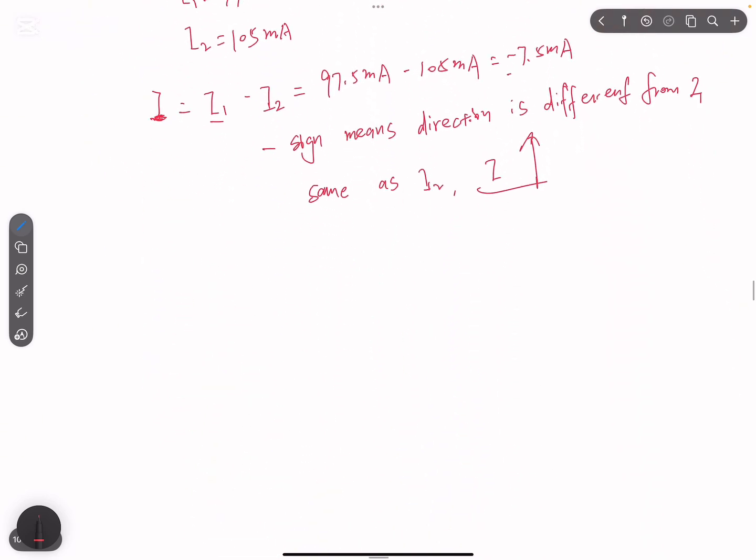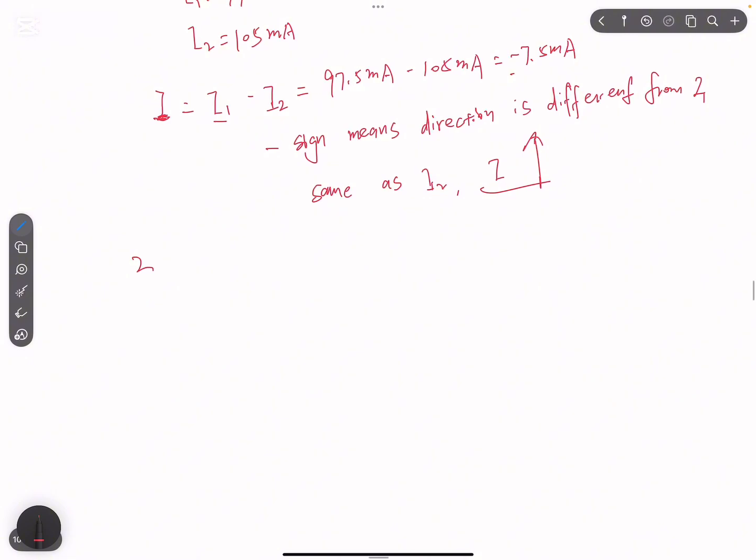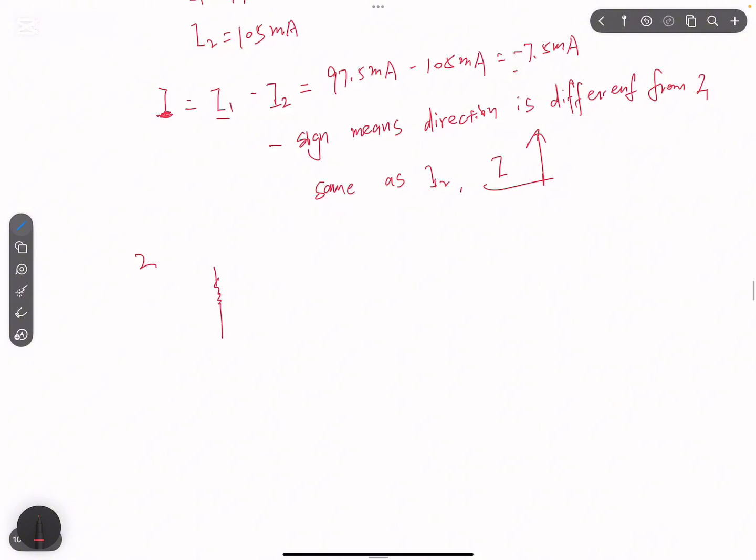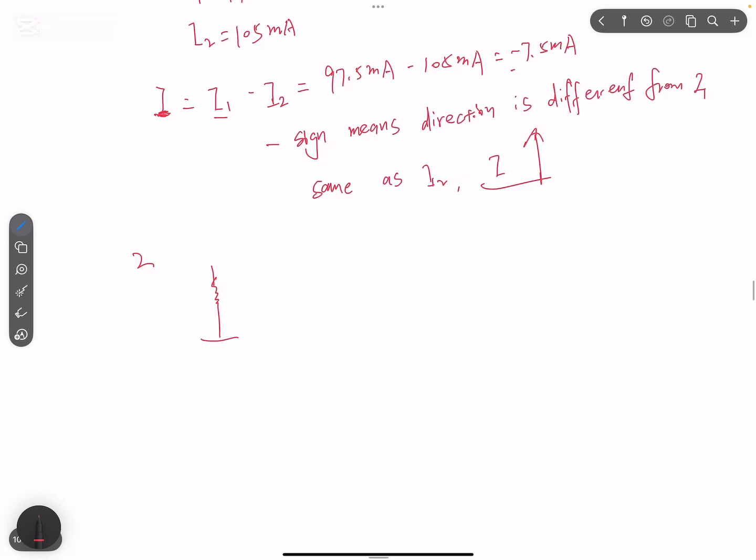Now let's look at the second example. Let's say we have a circuit. This is one power source here. We have the load resistor here, another resistor, and another power source.